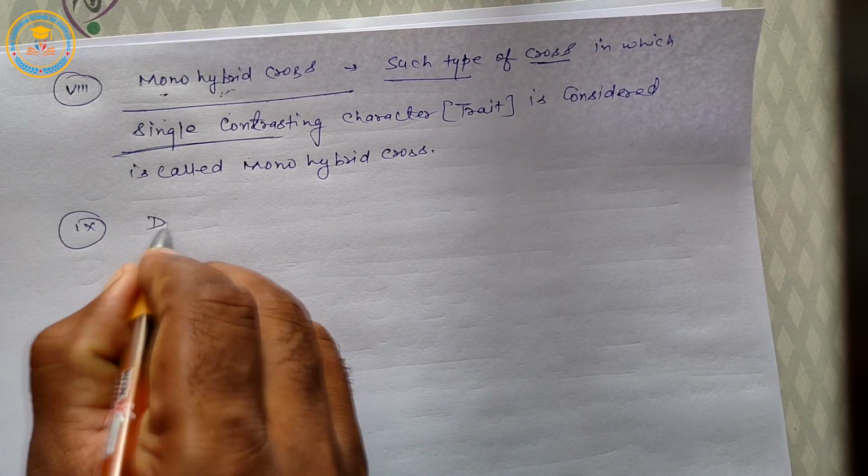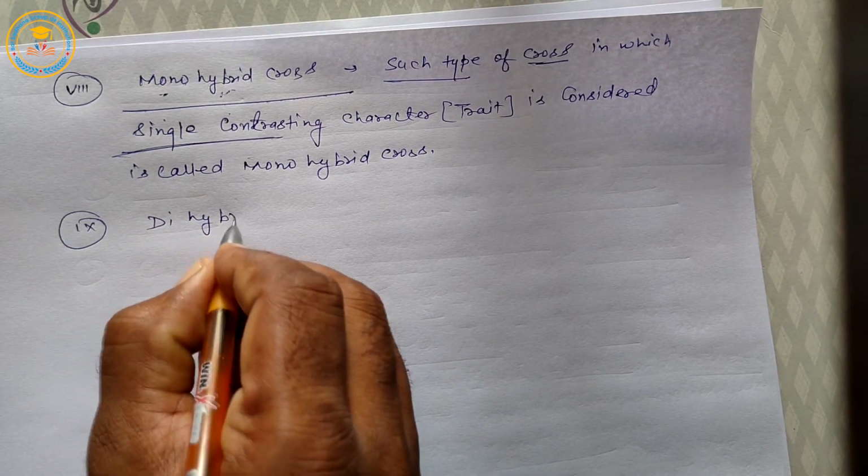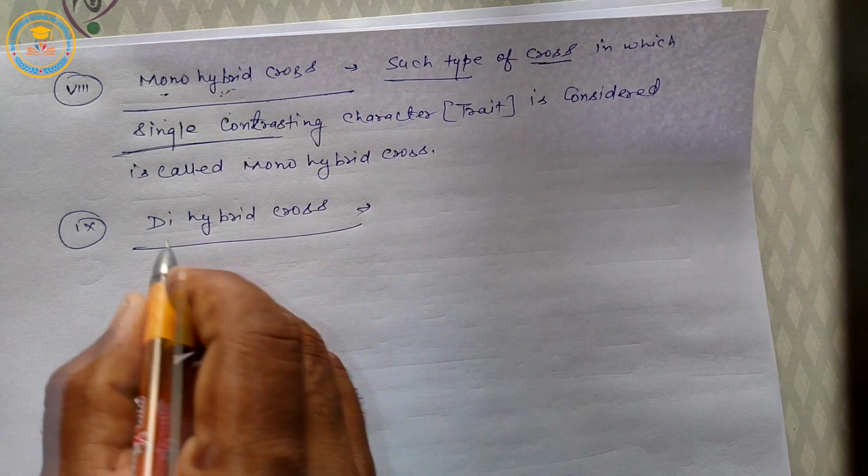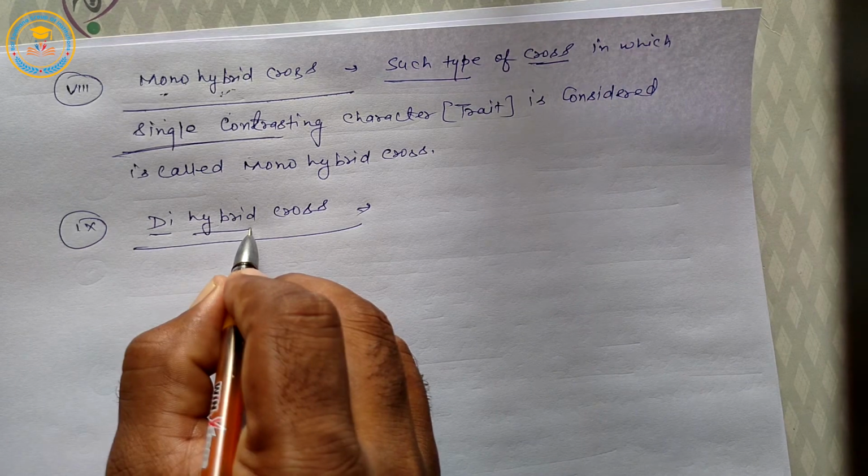Next is dihybrid cross. Students, remember, di means two, and it means cross.